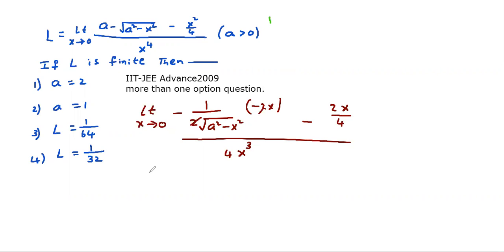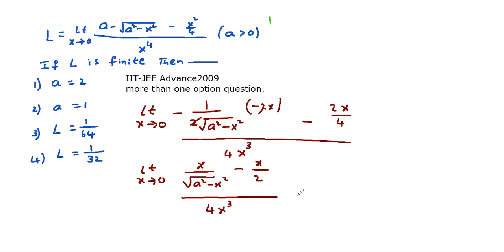The next step, you can write it as limit x tends to 0, minus of minus plus, x by root a square minus x square minus this 2x by 4, you can write it as x by 2, by 4x cube, right? So now take LCM here. LCM is 2 into root a square minus x square.